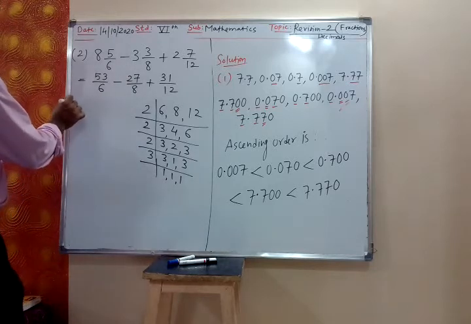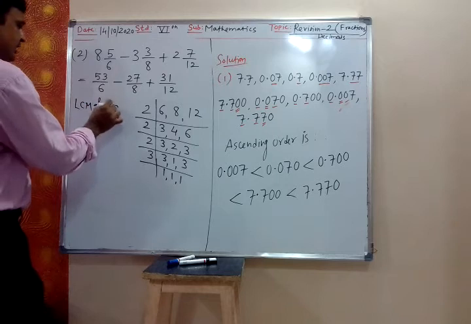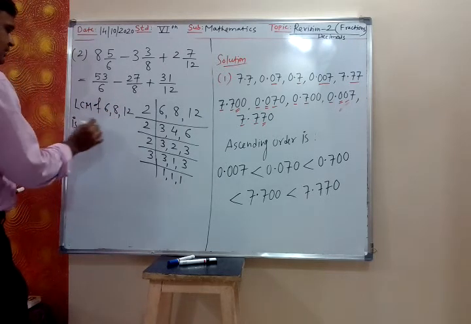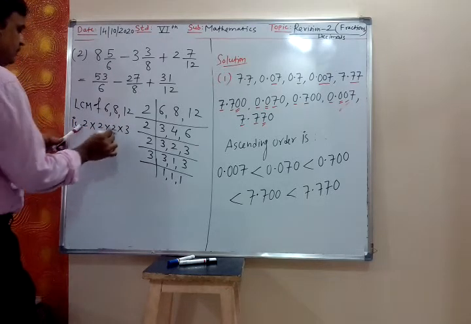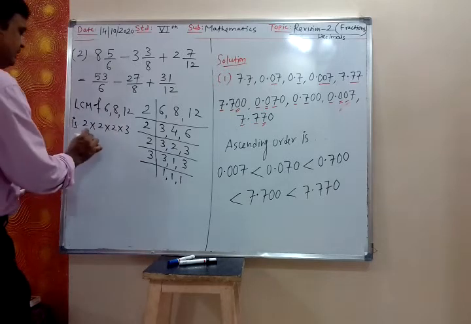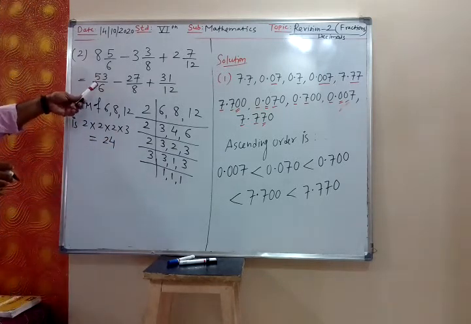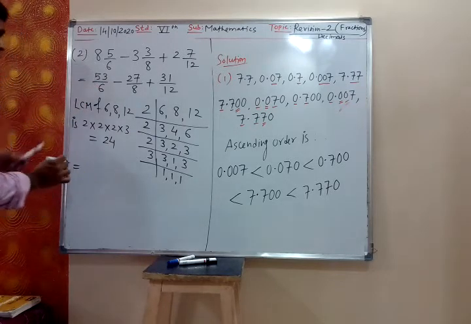So the LCM of 6, 8, 12 is, you have to multiply this: 2 into 2 into 2 into 3. 2 2s are 4, 4 2s are 8, 8 3s are 24. So the LCM is 24. So now I have to convert the denominator of each fraction to 24. This is 6.